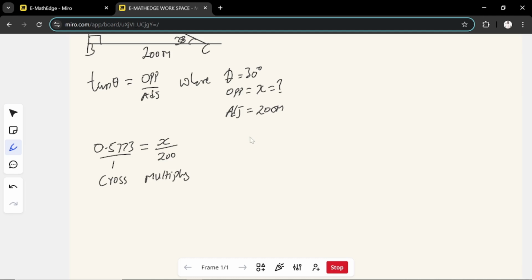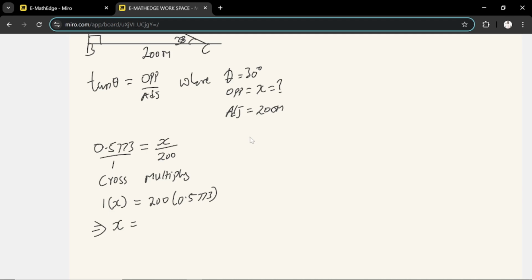such that we are going to have 1 multiplying x to be equal to 200 multiplying 0.5773, such that we are going to have x to be 200 multiplied by 0.5773, and we are going to have that to be 115.46 meters.